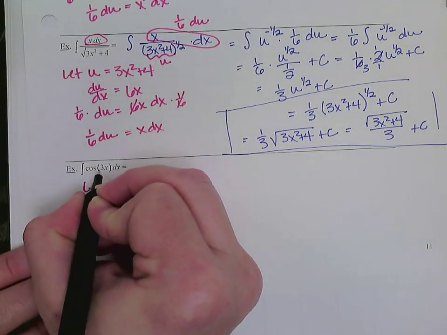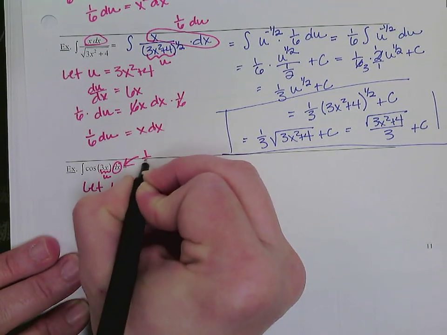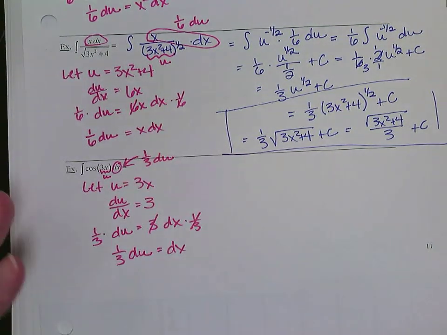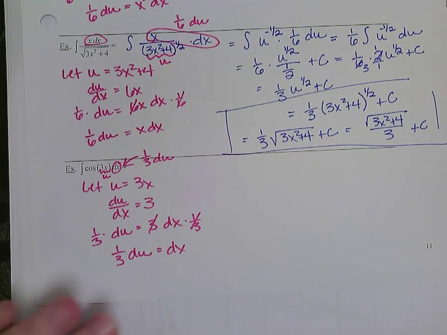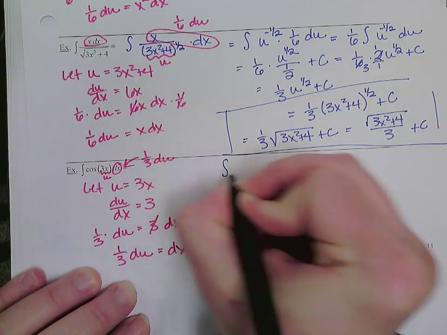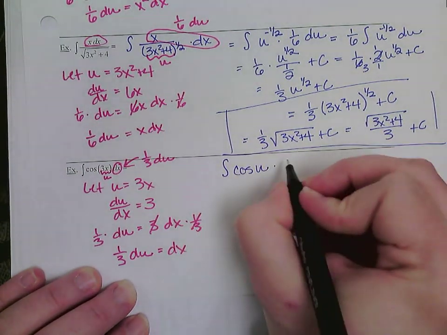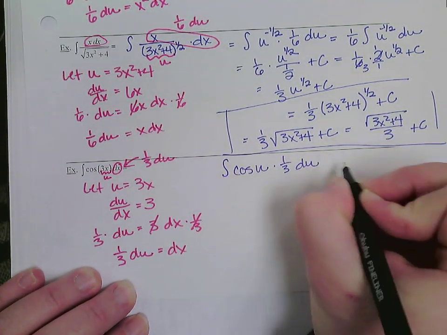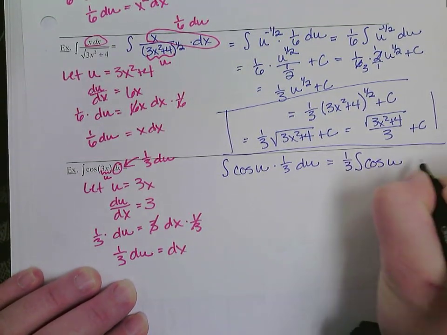So this is u, and this is 1/3 du. So now we can rewrite that as the antiderivative of cosine of u times 1/3 du, or 1/3 times the antiderivative of cosine of u du.